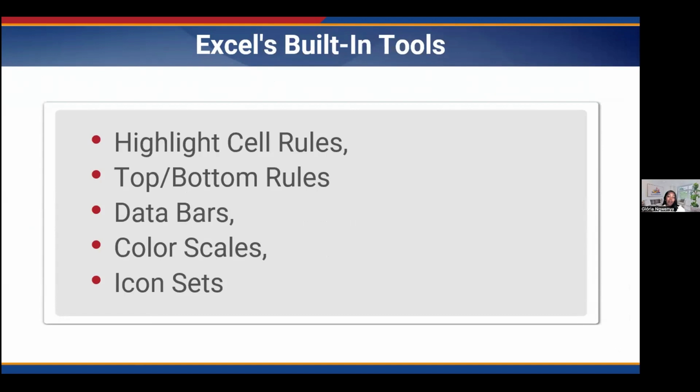So we're going to start by discussing the built-in tools, and then we'll discuss how to create a rule from scratch. So let's start with the first one, highlight cell rules. I'm going to bring up a file that we will use to discuss highlight cell rules.